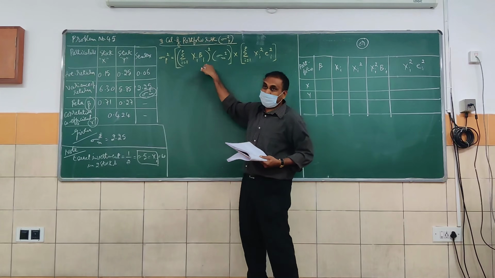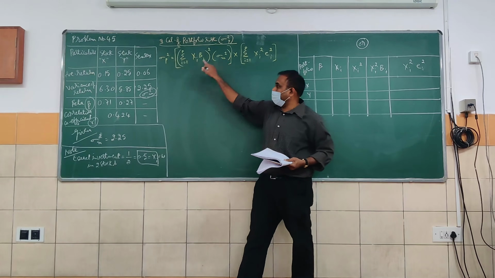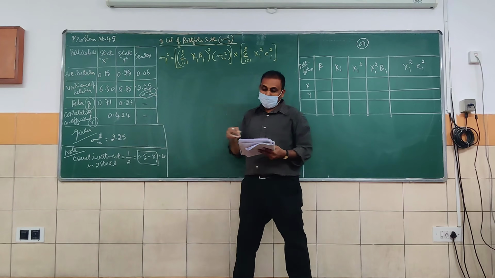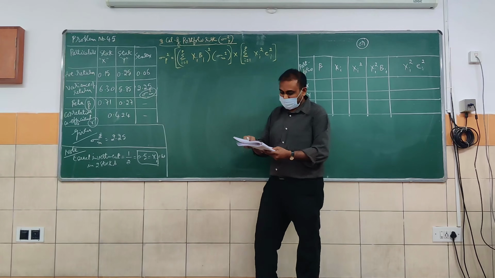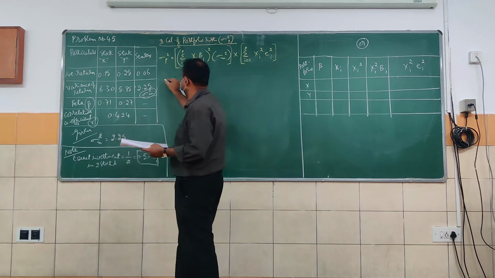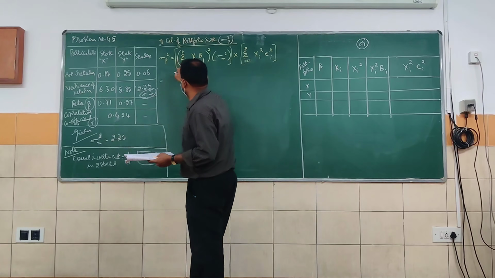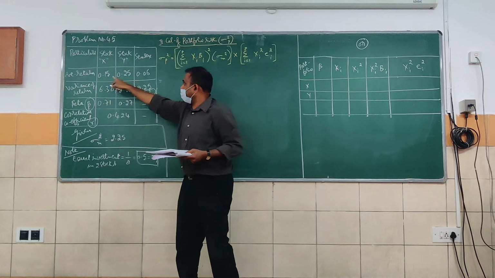So Xi and Bi square into the market variance. Into market variance. So we have 2 stocks, so we have to substitute for this twice. One for X, one for Y. Let us go for X now. First one. Okay.